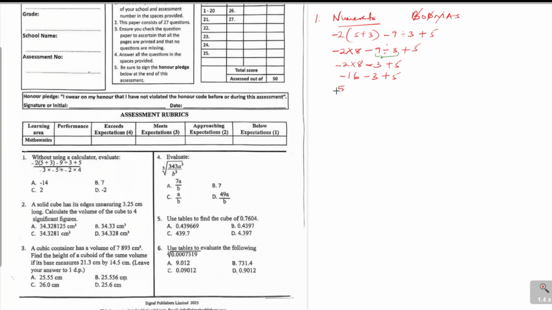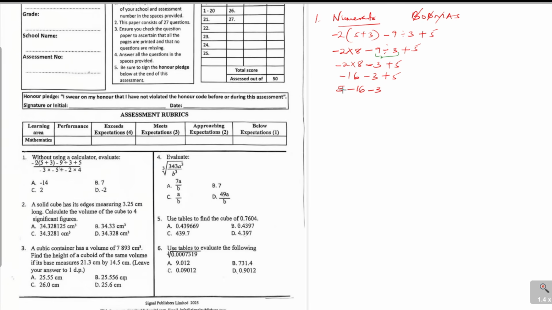You start with 5. Then 5 is positive, so that is a positive. Then you have subtract 16, subtract 3. So I've just rearranged, maintaining all the signs. Negative is there in 16, negative is there in 3, positive 5. So what is this? 5 subtract 16.